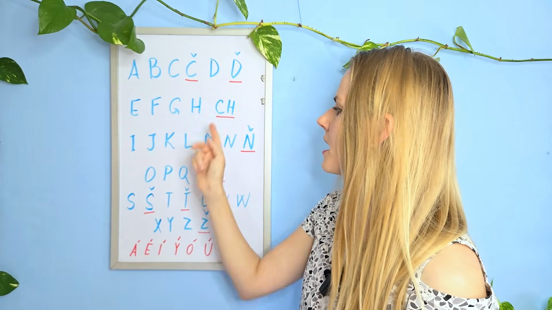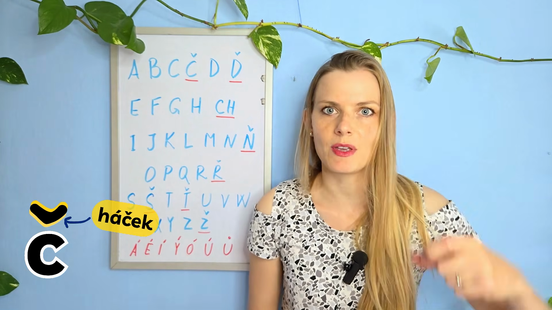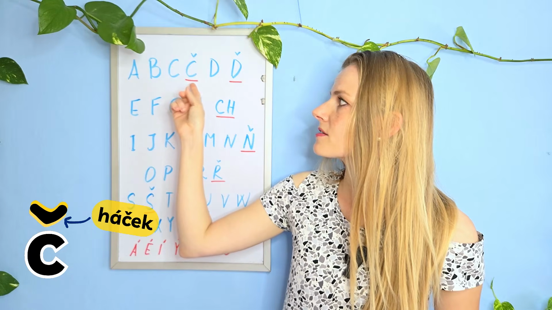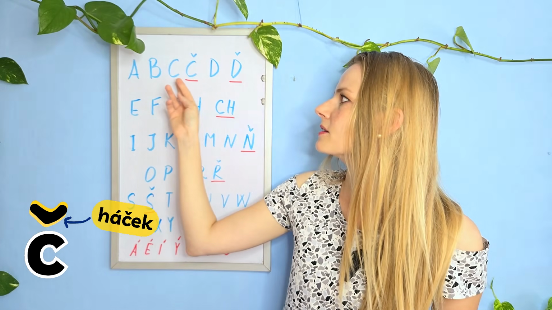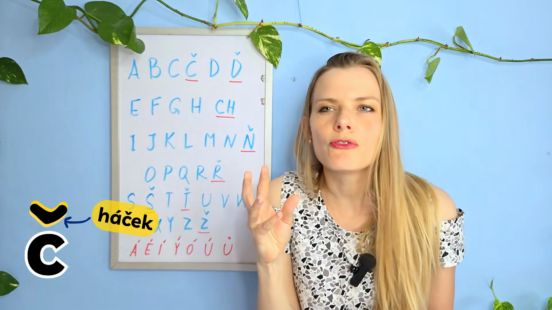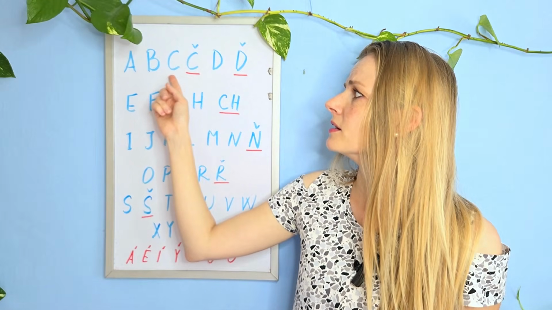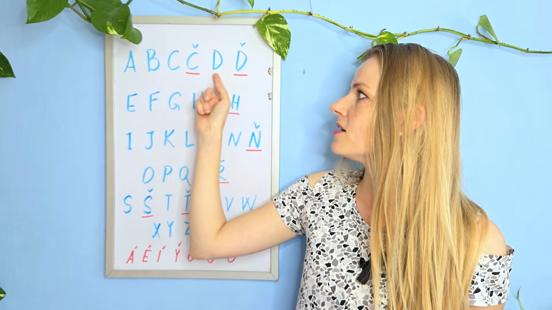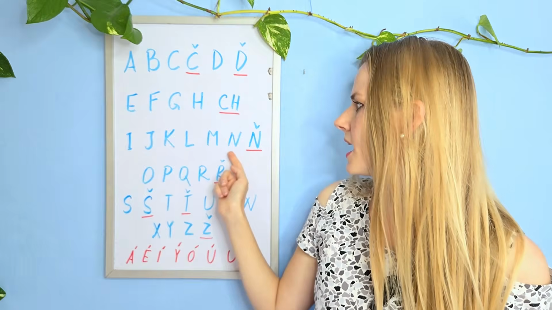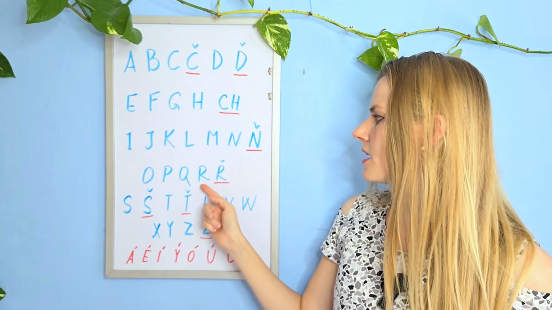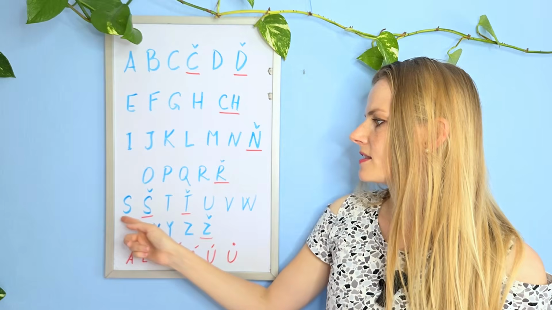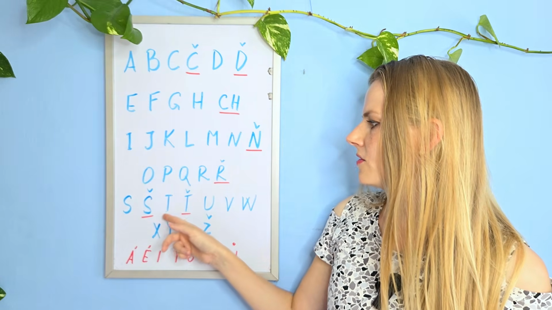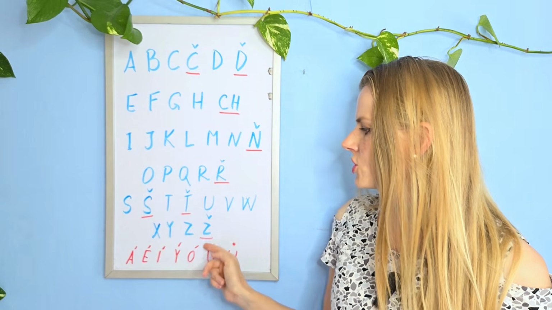These letters have a little crown that's called Háček. Háček means a hook. It means that that letter is pronounced a little bit differently than the previous one. It's softer. So we have a letter C versus Č, D versus Ď, N, Ň, R, Ř, S, Š, T, Ť, Z, Ž.